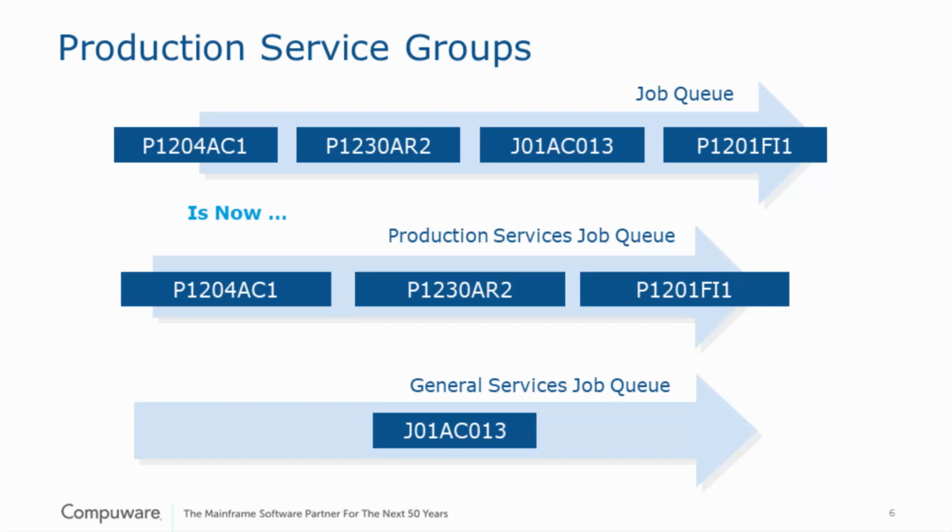So you can separate your production workload into a separate queue from your general services job queue. The idea is that if there was a problem with production, or you wanted to shut down general services, you could quickly do that without affecting the production workload or the general services workload.